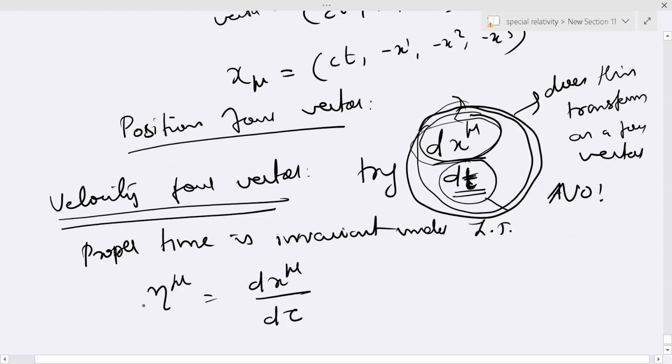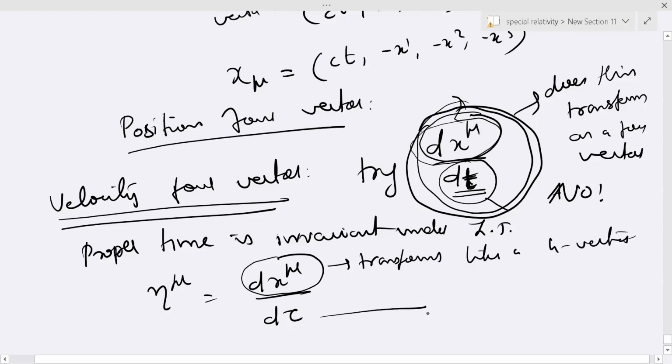Now you can easily see that this transforms like a four-vector, because the numerator transforms like a four-vector, and the denominator is invariant under Lorentz transformation.